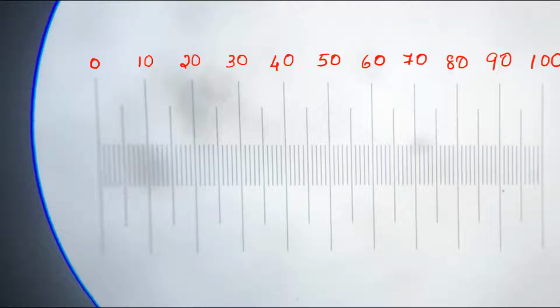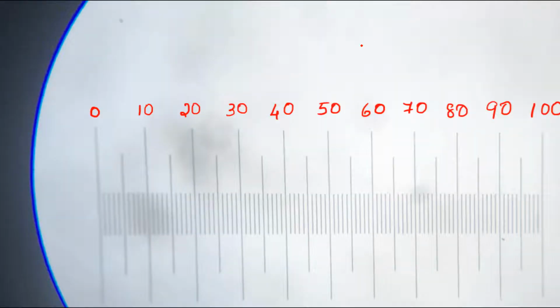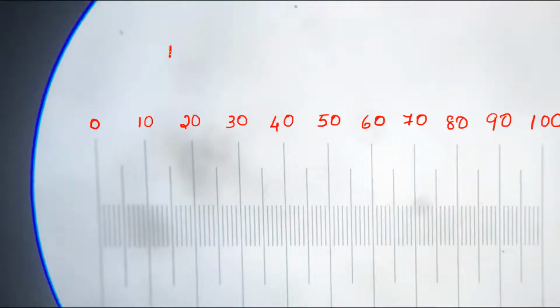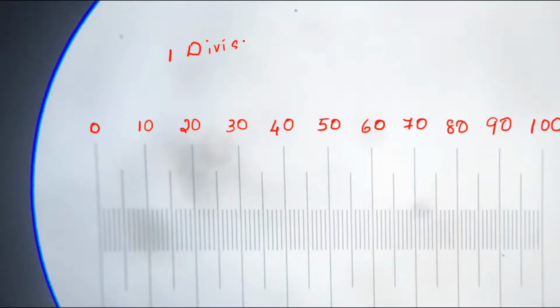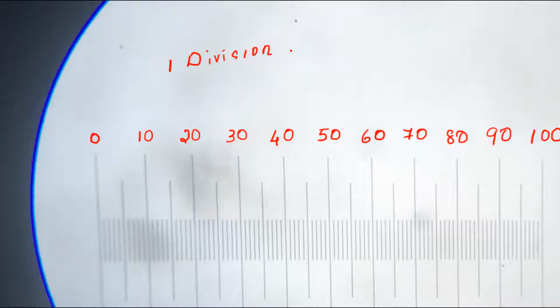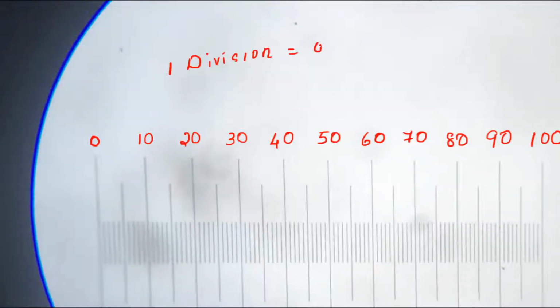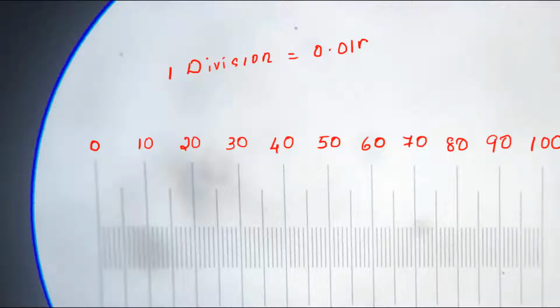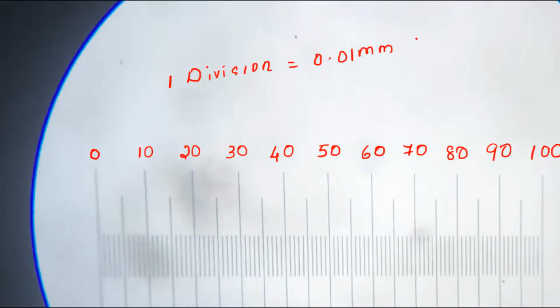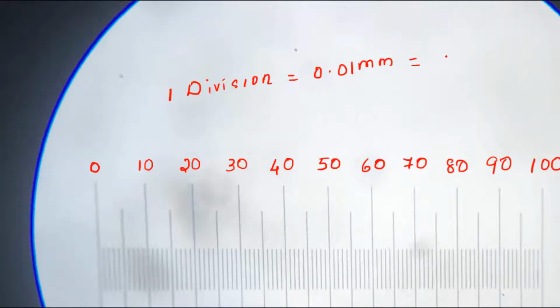The size of one division is equal to 0.01 millimeter, which is equal to 10 micrometer.